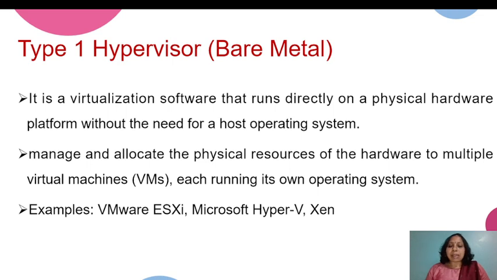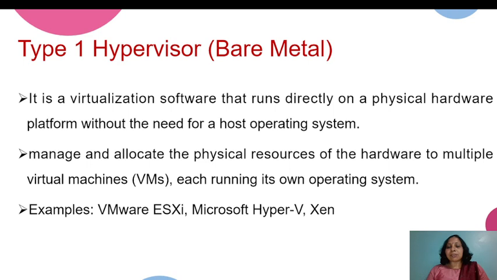It also manages and allocates the physical resources of the hardware to the multiple VMs, each of the VM having its own operating systems. For example, the VMware ESXi, Microsoft Hyper-V, and Xen hypervisors all belong to type 1 hypervisor. It is also called a bare metal hypervisor because it doesn't require a host operating system.